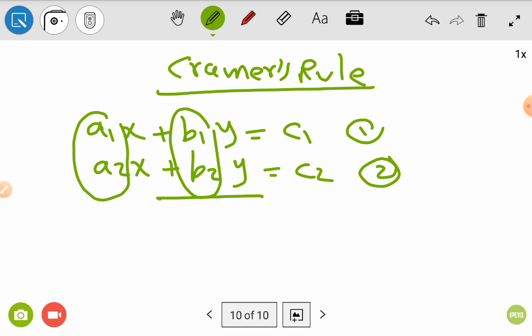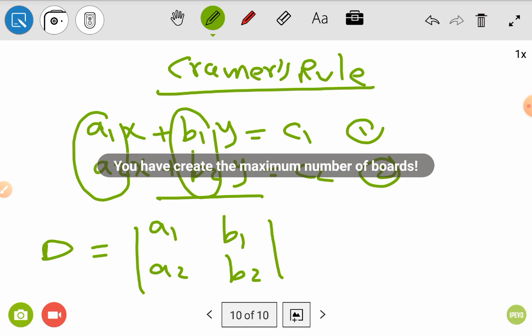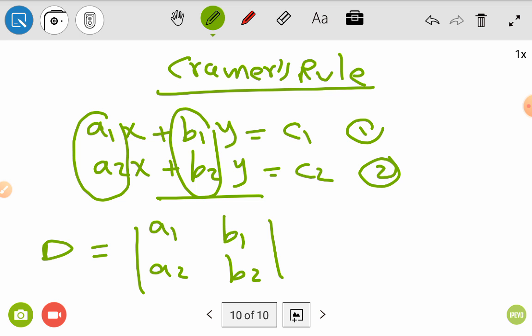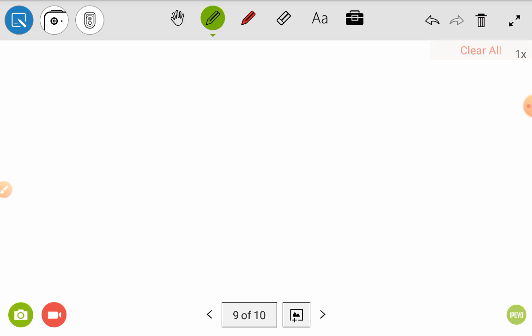First step, D equals the determinant of A1, A2, B1, B2. The second step, you get Dx equals.